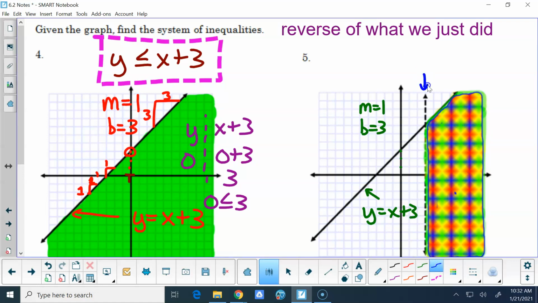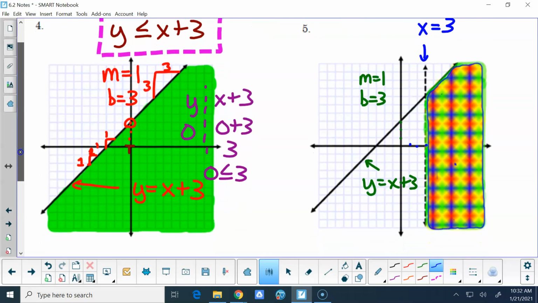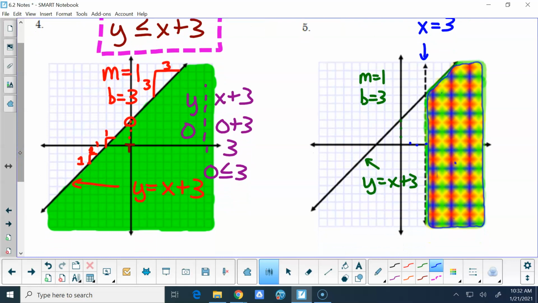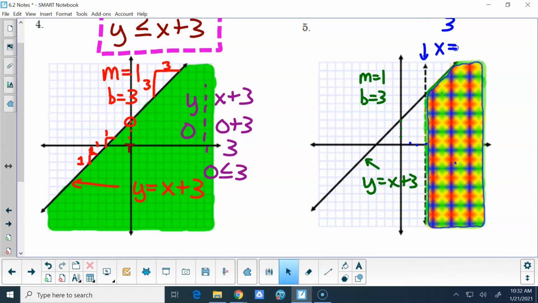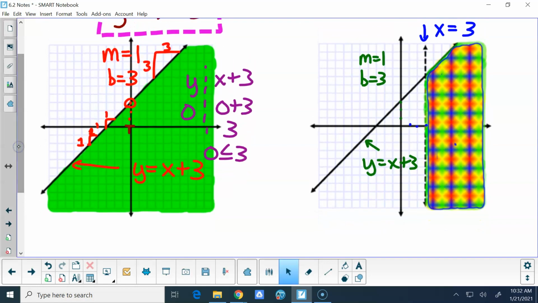This line right here appears to be vertical. Correct? So that would be x equals 3. Okay.